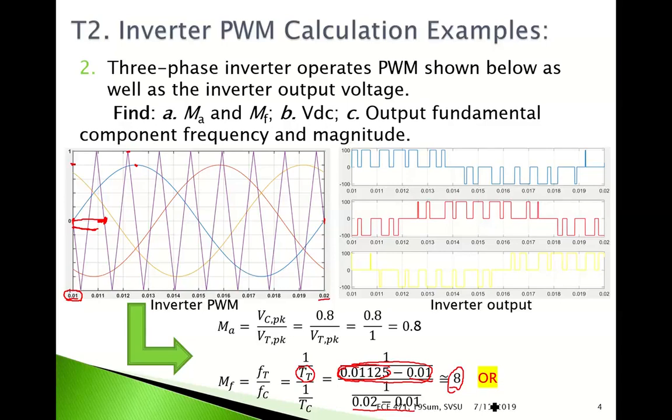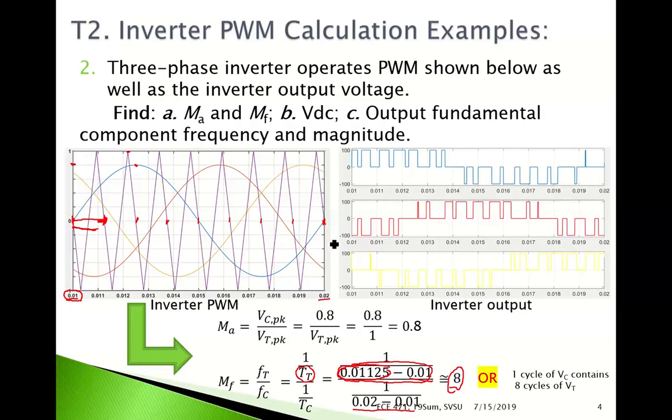Of course, we can try the second way, which is counting how many cycles of VT are contained inside one full cycle of VC. So again, go with the blue VC, and we can count from the starting point. We have one cycle VT, two cycles VT, 3, 4, 5, 6, 7, 8 full cycles of VT.